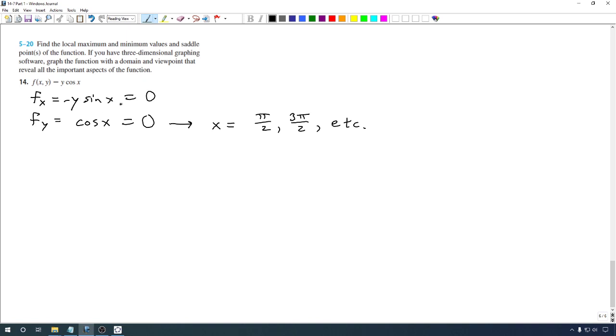That means that if y times sine of x equals 0 and sine is not 0, that means that y has to be 0. So using the information we got from f sub x, this can actually show us that y has to equal 0 for every single one of our critical points. So we have a lot of critical points. In fact, we have infinitely many of them.